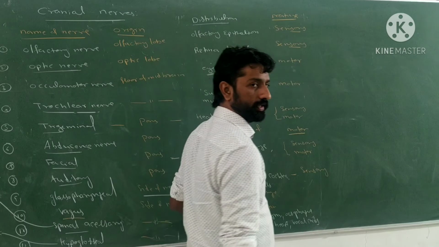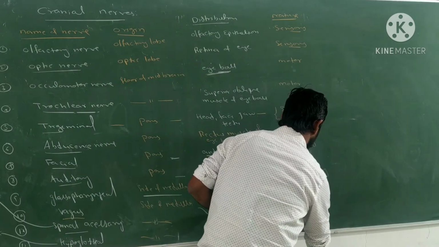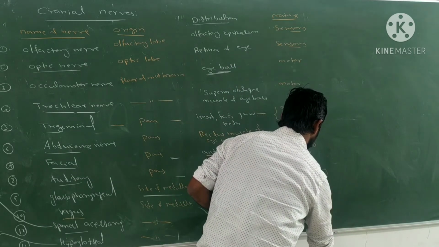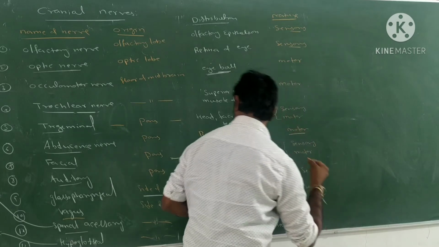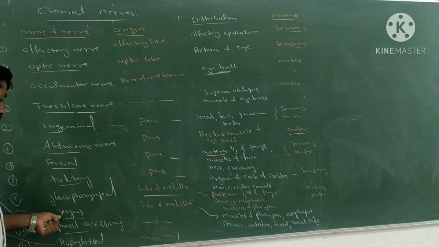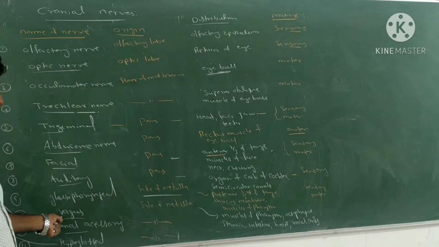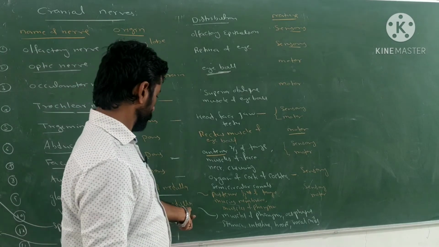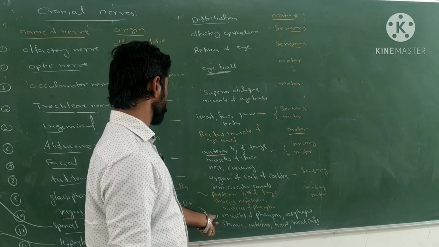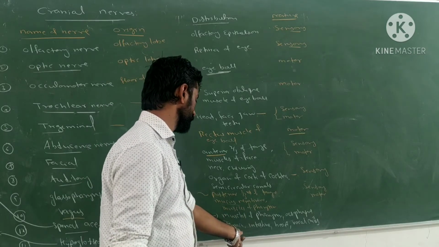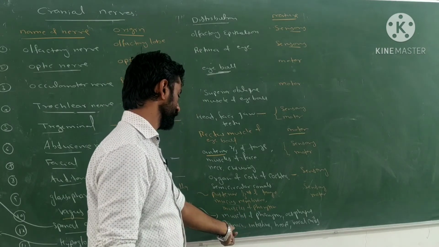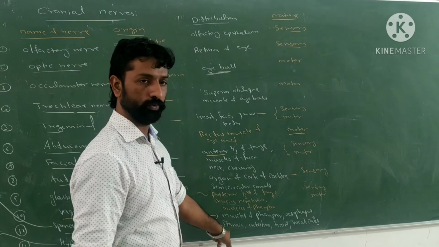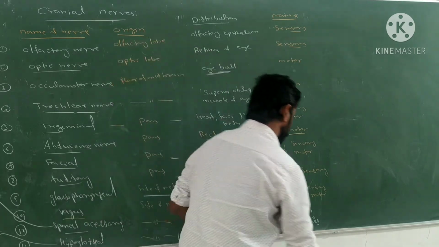Motor or sensory? Sensory as well as motor. And next is regarding the vagus. Where is it present? Vagus is present among the muscles of pharynx and then esophagus, stomach, intestine. So both sensory as well as motor.